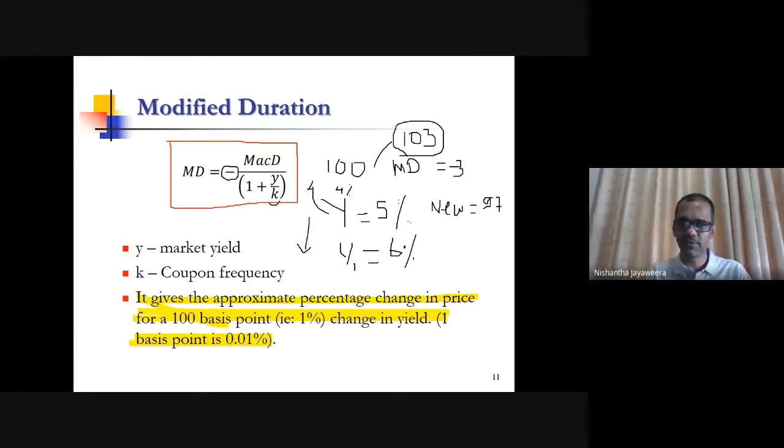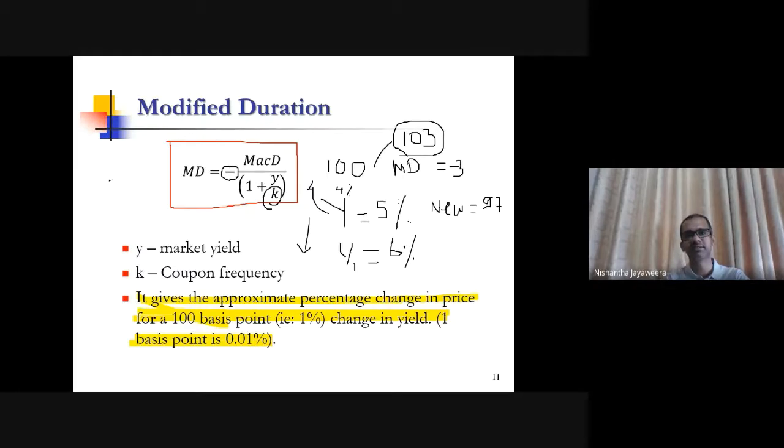But what would happen when k increases? When k increases, frequency increases, and y over k decreases. That means 1 plus y over k decreases and gets very close to 1. Then it would be almost the same as modified duration.